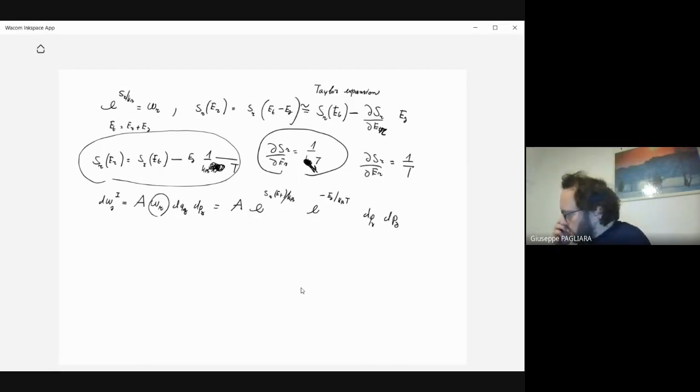Now let me introduce this quantity here, and let's call it C. And this quantity here, I leave it like it is.